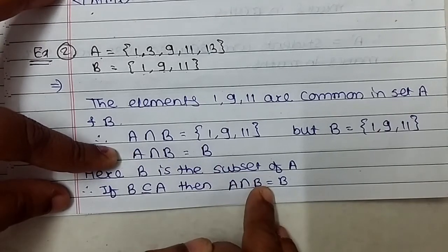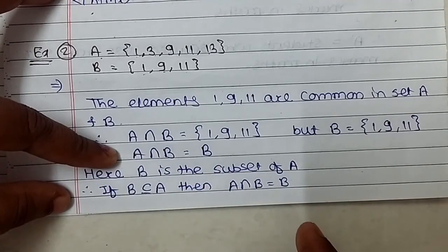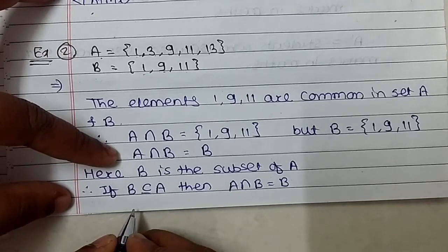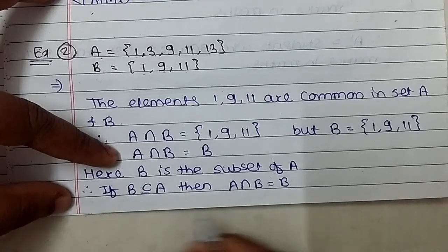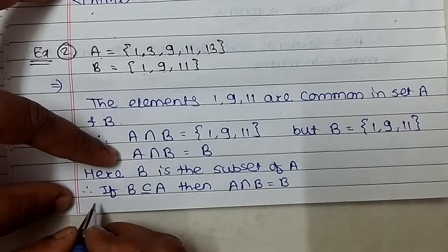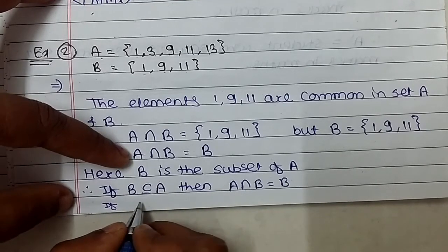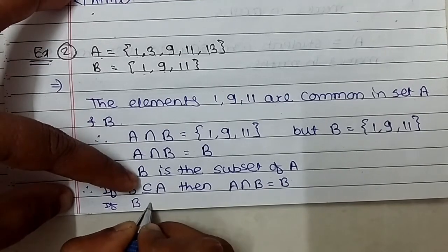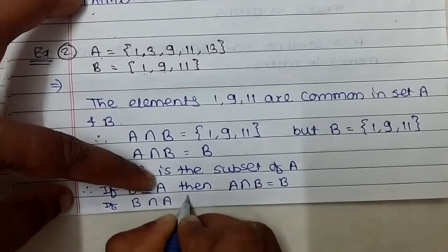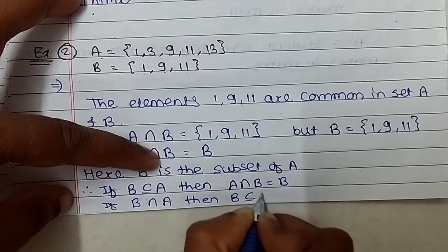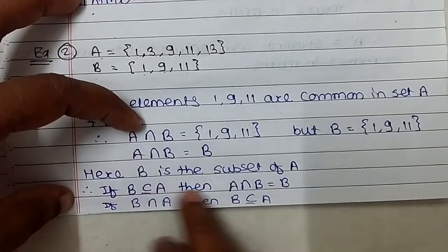Clear? So similarly, it is also right as if B intersection A, then we can say that B is the subset of A, the reciprocal of this statement.